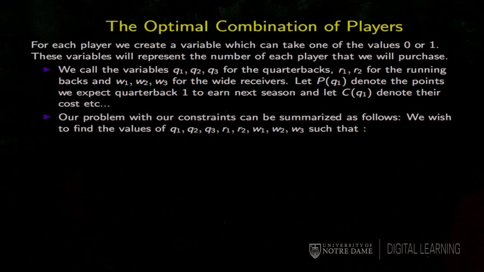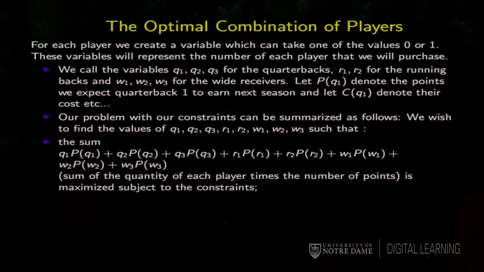We'll have to find the values of Q1, Q2, Q3, R1, R2, R3, W1, W2, W3, such that the number of points scored, which is given by the following sum, is maximized subject to our other constraints. And you see that this sum gives you the expected number of points scored for your particular selection.